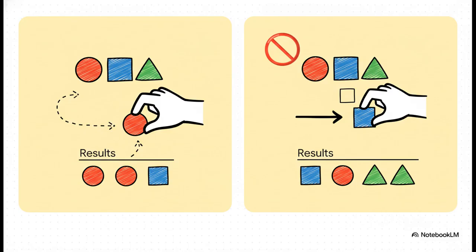This is where you have to pay attention, because there's a huge difference. random.choices picks with replacement. Think of it like drawing a card from a deck, looking at it, and then putting it back in. You could easily draw the same card again. On the other hand, random.sample picks without replacement. Once an item is picked, it's gone. This is like dealing a hand for poker. Every card you get is unique.